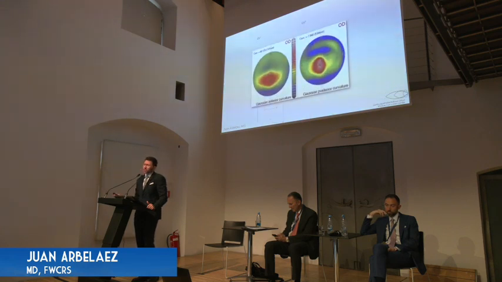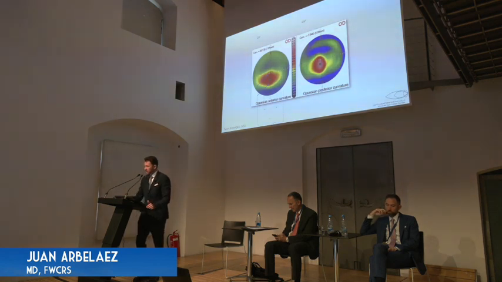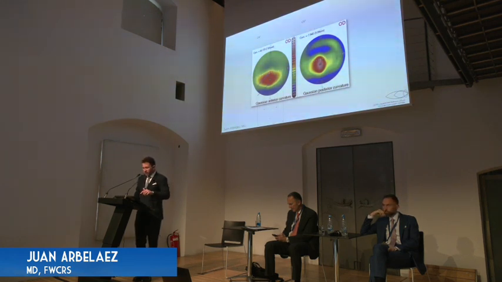But this index was not enough for central keratoconus, nipple keratoconus. For this type of keratoconus, we use the central surrounded index. It basically evaluates the central 3 millimeter circle against a ring between 3 and 6 millimeters in the topography.